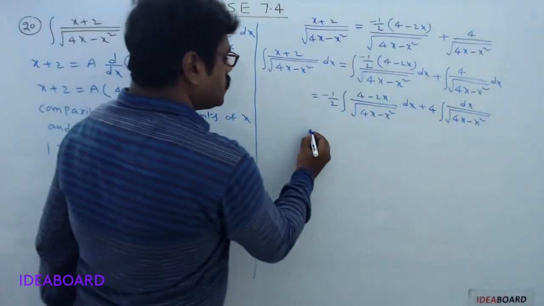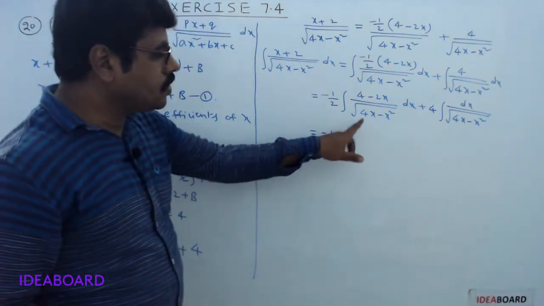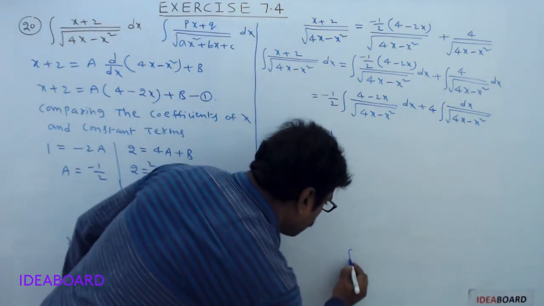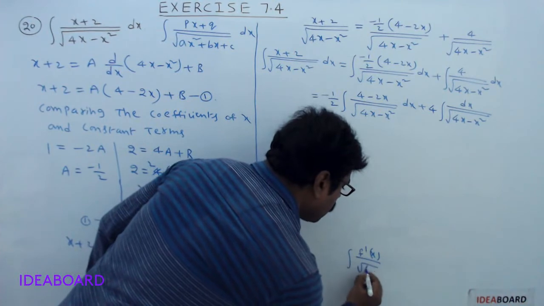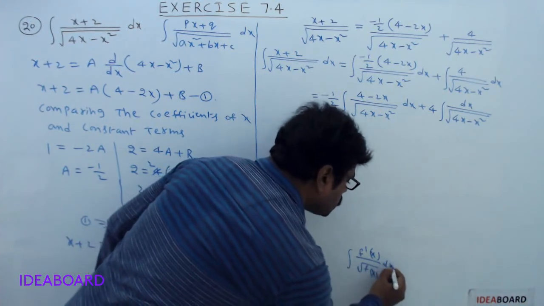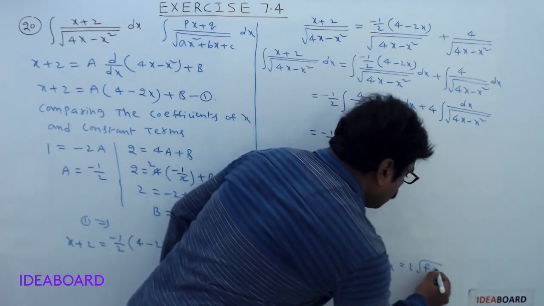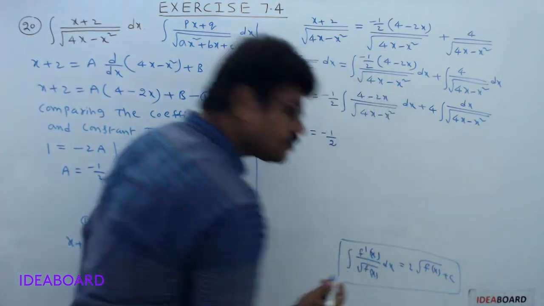Now this equal to minus 1 by 2 into. If you observe the first term, it is of the form like integral f dash of x divided by square root of f of x dx. What is this formula? This is 2 into root f of x plus a constant term c.